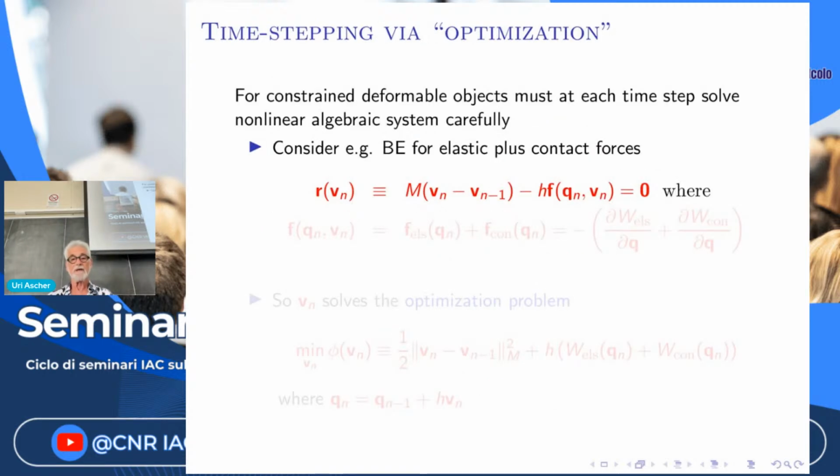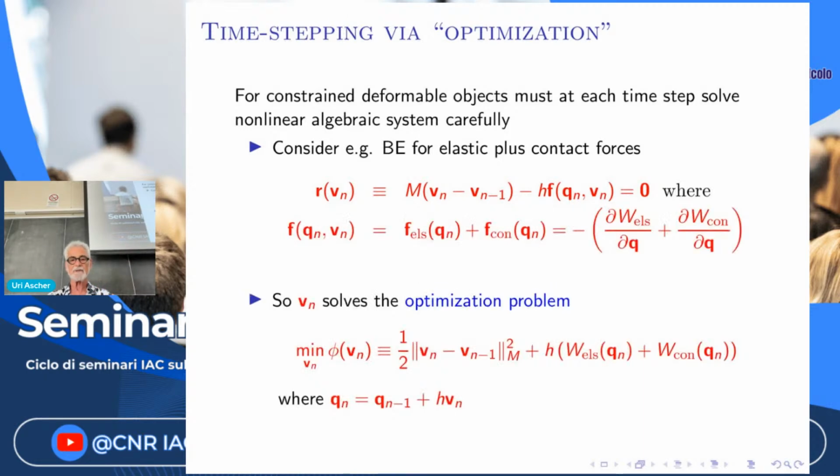So now we have to solve these nonlinear equations. R of v, velocity: mass times the difference of the v's equals forces. So this is backward Euler, so they are sampled at Qn and Vn, the unknowns. But in the case where we have only the elastic force and the constraint force and the contact force, these are both integrable.